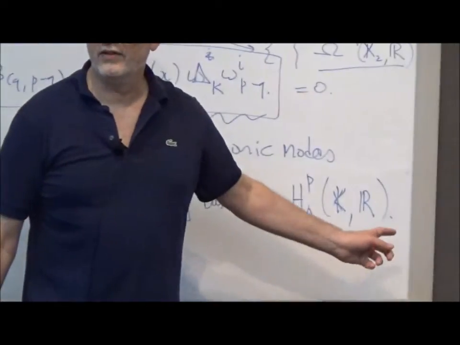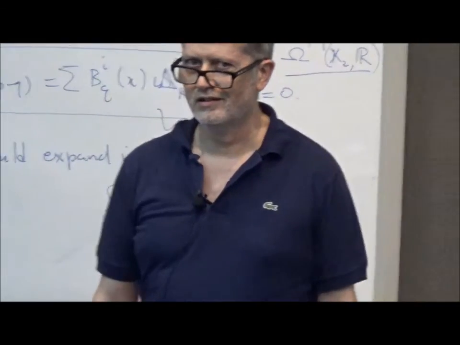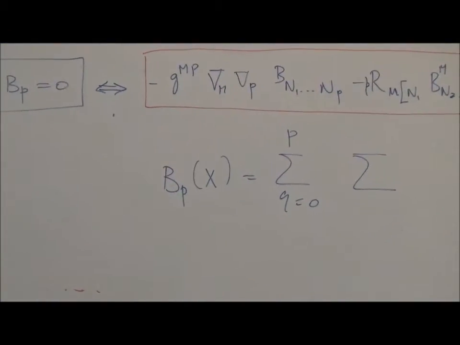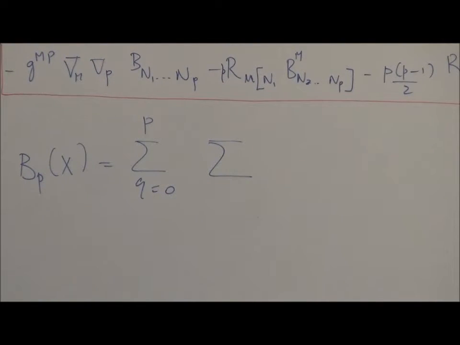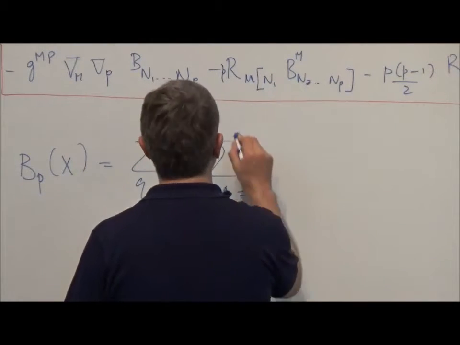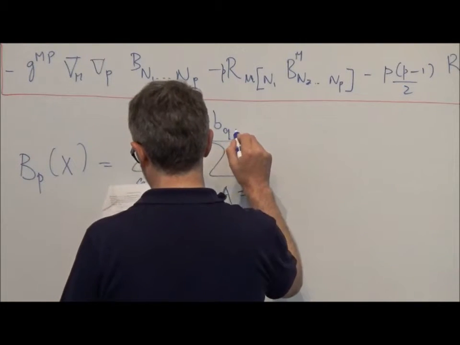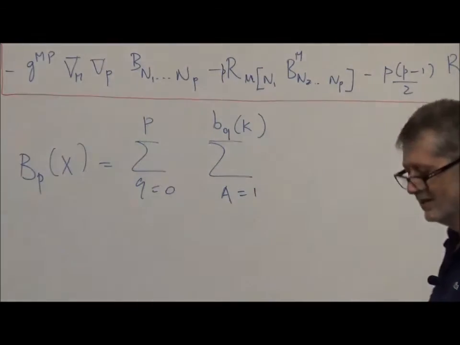If I've got the p cohomology group, what's its dimension? The Pth Betti number, which means how many elements do I have in the basis? Pth Betti number's worth, right? Because that's the dimension. I need at least that many basis vectors to span the space. So we get the sum from 1 to BQ of K. So the Qth Betti number of K.